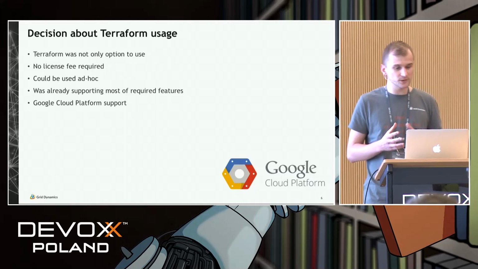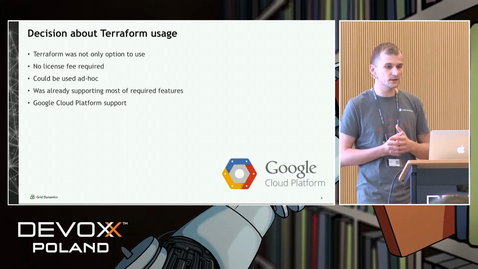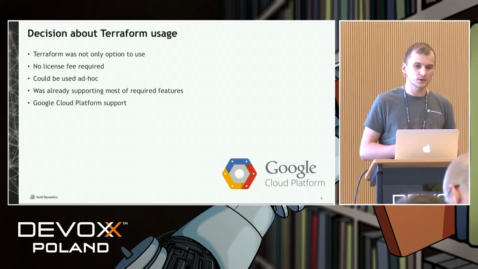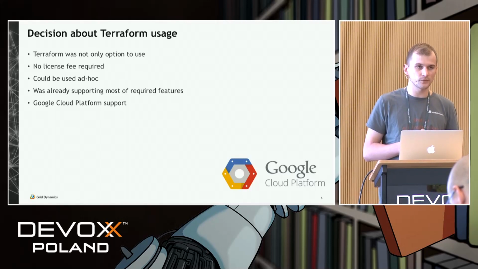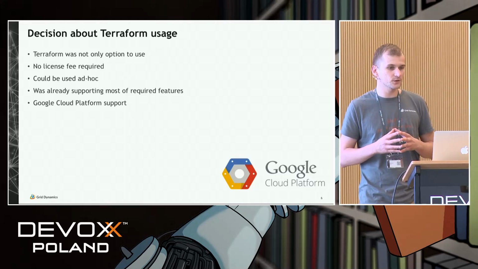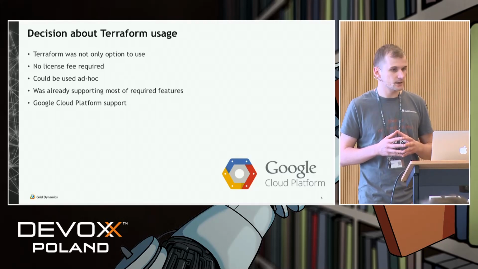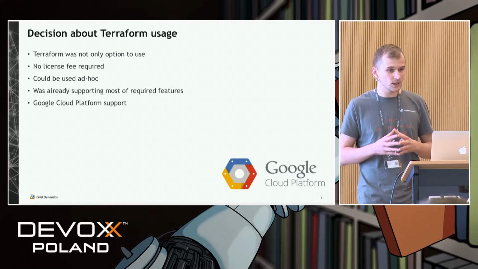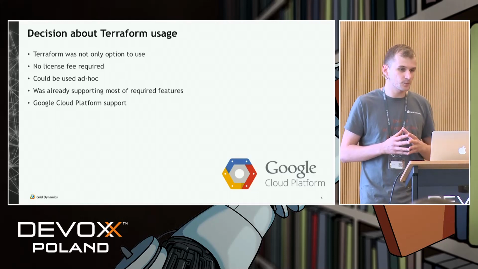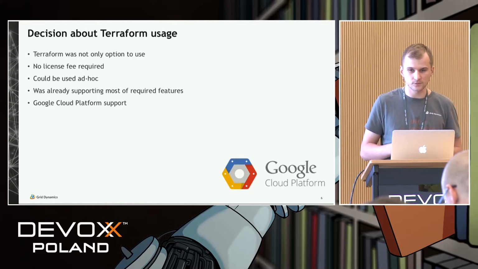We could use it ad hoc, just go to the Terraform site, download, and start using, of course, after reading the documentation. It already supports most of the features we need, and one of them was Google Cloud Platform, which was the cloud of choice for the client. They decided to use Google Cloud, and Google Cloud is really well supported by Terraform, so it was another argument for Terraform.